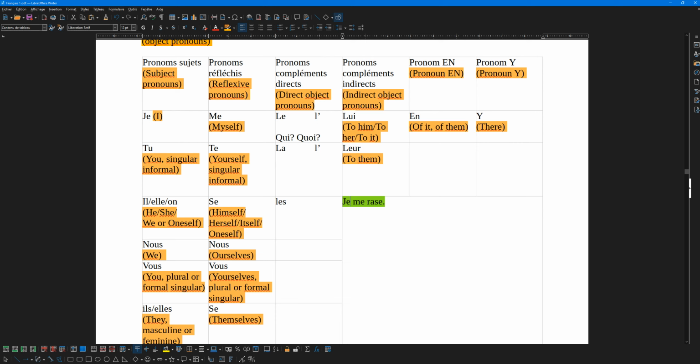So here it will be je vais. Je vais me raser. So you can see here that I only put an R after the verb here. Me stays at the same place. So the pronom complément will always be in front of the verb of action.